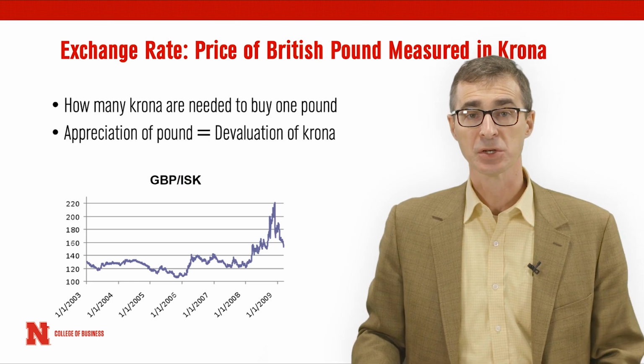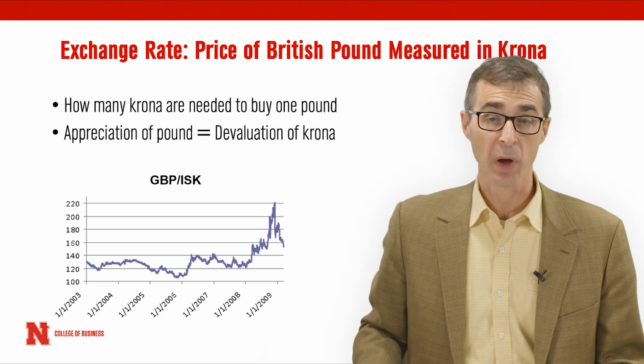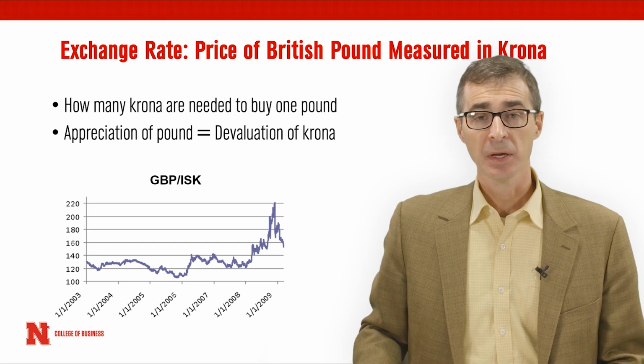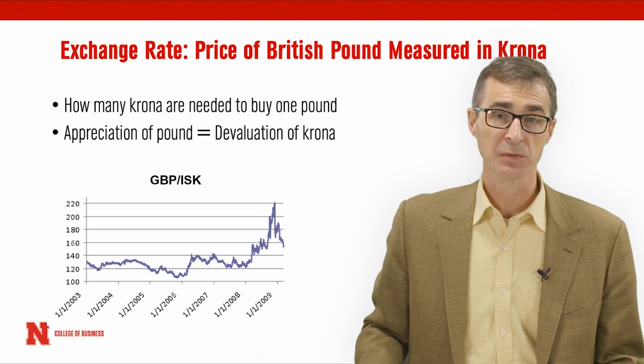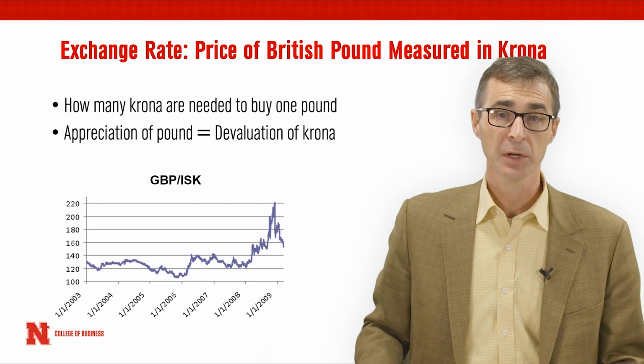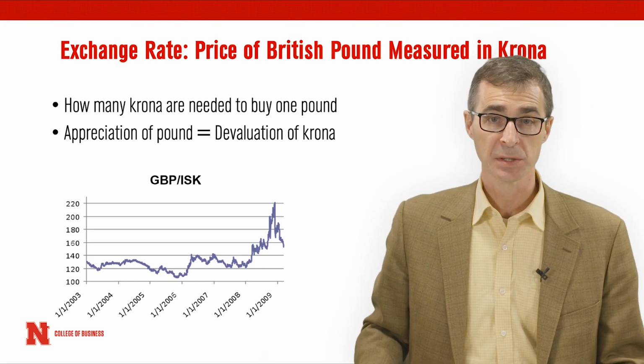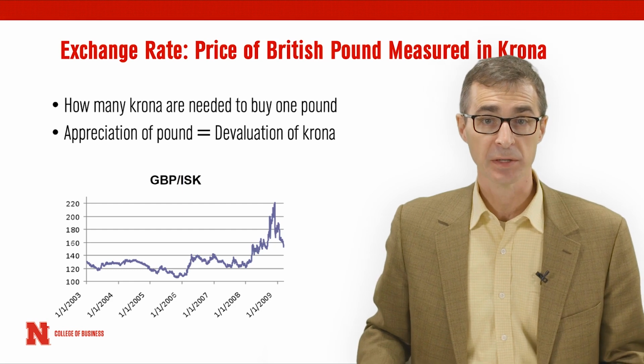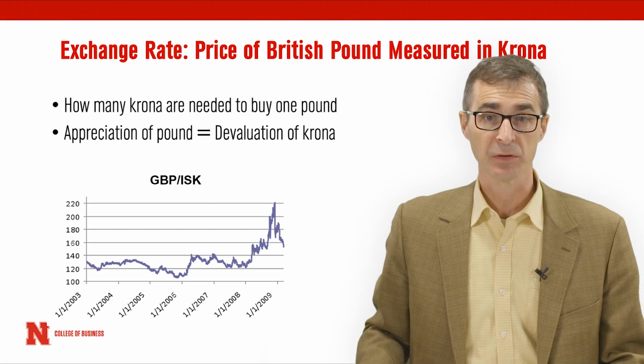As your intuition might suggest, appreciation simply refers to a rise in the price. Depreciation refers to a fall in the price. Here, however, we are talking about the price of one currency in terms of the other. So if the British pound increases or appreciates, that's equivalent to the Icelandic krona depreciating or decreasing in price.